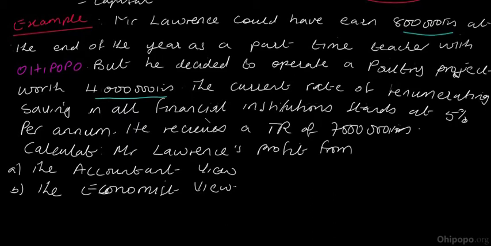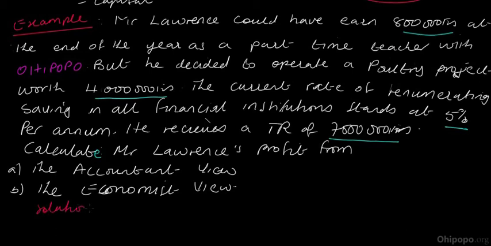The current rate of remunerating savings in all financial institutions stands at 5% per annum. He receives a total revenue of 7 million francs CFA. Calculate Mr. Lawrence's profit from A, the accountant's view, and B, the economist's view. Solution.